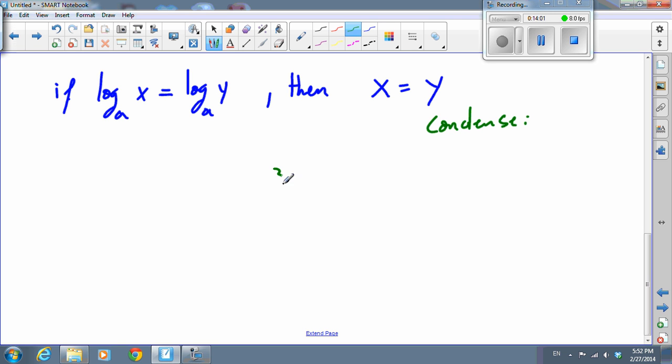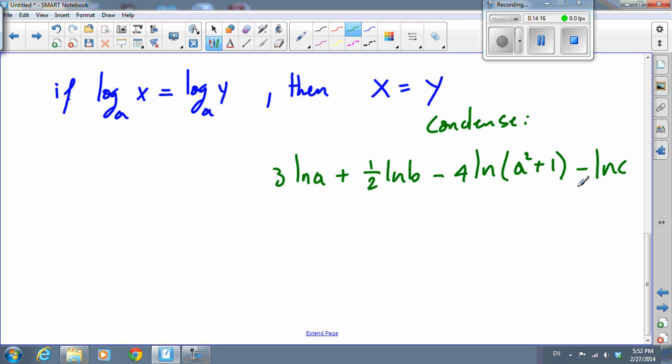Let's condense 3 times the natural log of a plus 1/2 the natural log of b minus 4 times the natural log of a squared plus 1 minus natural log of c. One thing you need to remember, the first thing I would do is push all these factors back in.